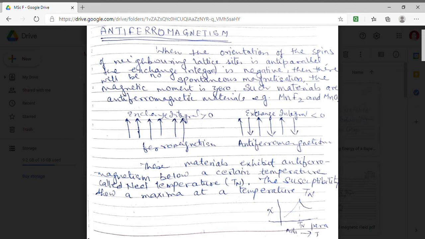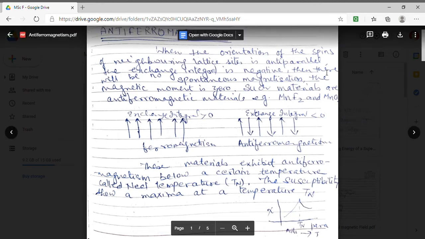So today we will discuss antiferromagnetic material, in which the orientation of spin of neighboring lattice sites is antiparallel and the value of the exchange integral is negative.